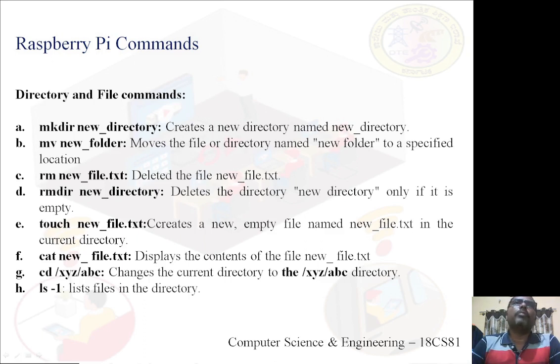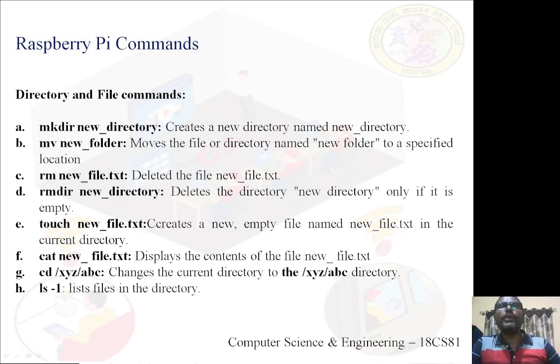In this case, mkdir creates a new directory named new_directory. mv is a command that moves the file or a directory named new folder, in this case, to a specified location. mv is also used to rename the file, or we can move the directory to some other location.